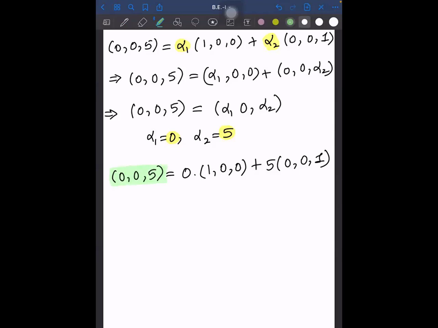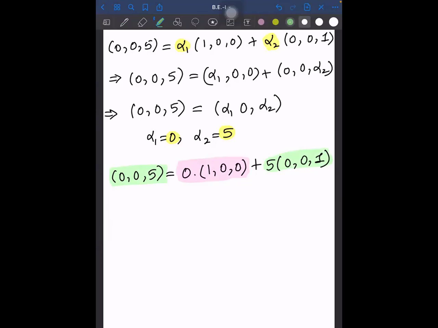So we don't need any contribution from the x-axis. That's why the vector lying on the x-axis gets multiplied by 0. But this vector is on the z-axis, so we multiplied it by 5 because we have a unit vector. That's why (0, 0, 5) can be written in this way. So are you with me on this?